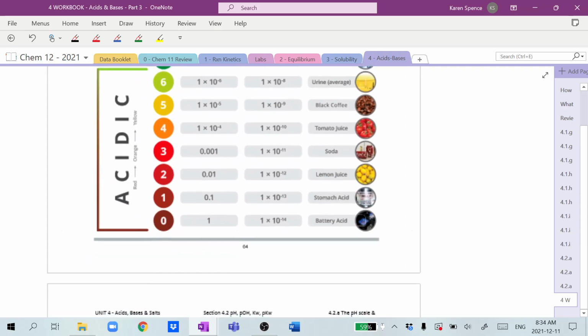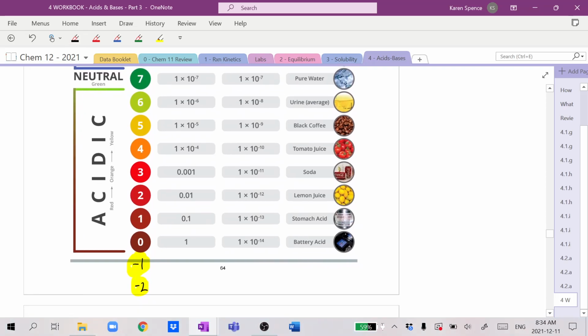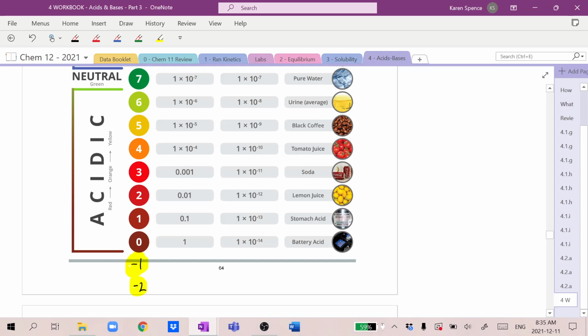So if we make this a little bigger, we can actually write that it can go down to -1, it could go down to -2, and a pH doesn't actually have to be 6 or below to be acidic. Even if it is at 6.99, that would be considered very, very slightly acidic compared with pH 7.